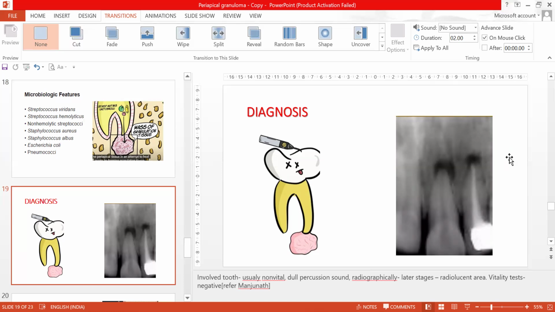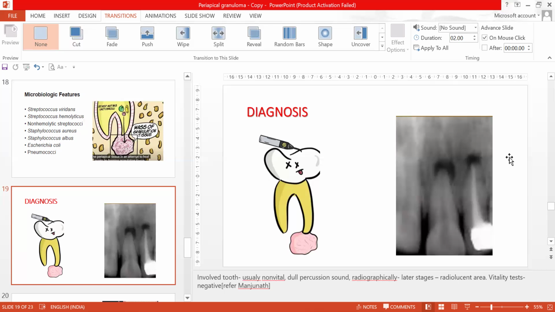Radiographically, the thickening of the periodontal ligament is seen at the root apex with a lack of continuity of the lamina dura in the initial stages of the lesion. As the proliferation of the granulation tissue and concomitant resorption of the bone continues, the periapical granuloma appears as a radiolucent area of variable size, seemingly demarcated from the surrounding bone.